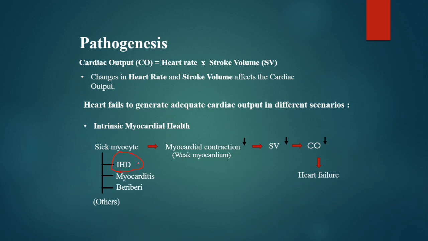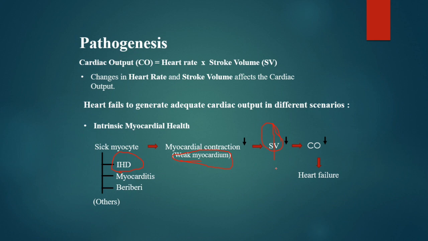If myocardial cells are not healthy, they become weaker. So the myocardium wall becomes weaker, and a weak myocardial wall cannot contract so efficiently that it can generate an efficient stroke volume.